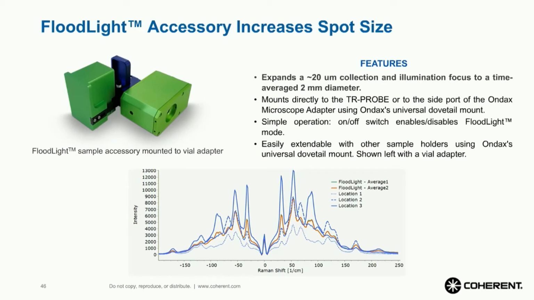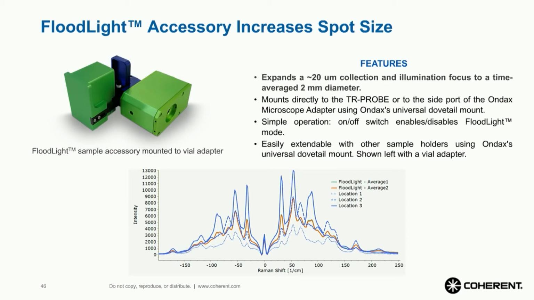Another accessory we have is our floodlight. For instances where you may have some spatial distribution of your sample and want to get an idea of exactly what sort of mixture you have or do some quantification analysis, you may want to get an idea over a larger surface area. In this case, with a single focused spot size of about 20 microns, it could be very, very sensitive to the spatial location.